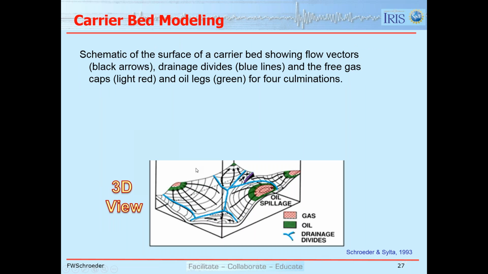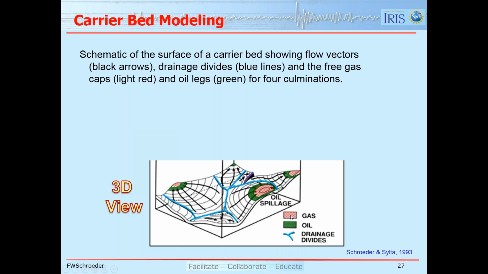So we can model what would happen at the top of a carrier bed. This is a 3D rendition or view, and we have several drainage divides which are shown in blue. We have regions with dip up to particular culminations or highs or crests or anticlines.